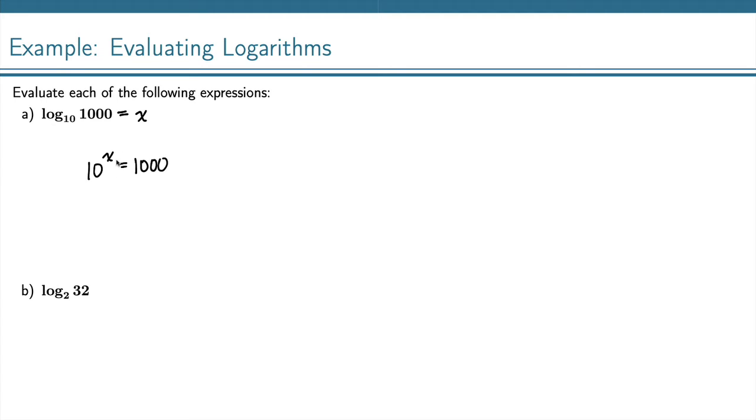Now I can just think about this exponent and what exponent would I have to put onto 10 in order to get 1,000. And that's pretty easy to see that x would be equal to 3. So that's what log base 10 of 1,000 is. It's equal to 3.